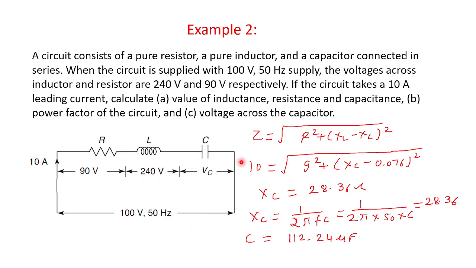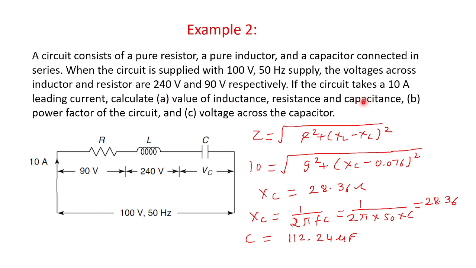In the next part, we found out the capacitance with the help of impedance, resistance, and inductance, because all this information is calculated. Only unknown parameter is the XC. So after calculation of XC, we calculated the capacitance, which is 1 divided by 2 pi F XC. The capacitance is 112.24 microfarad.